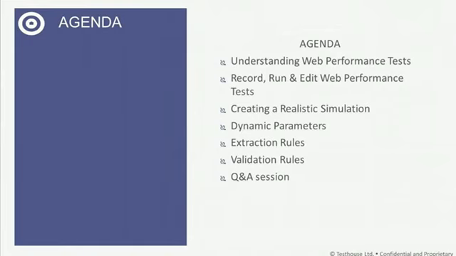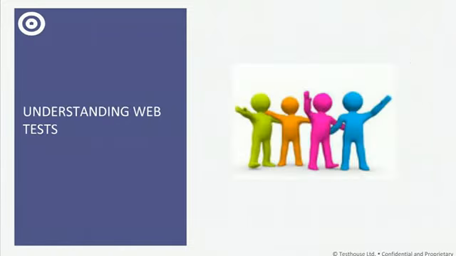How to make your simulation. The whole point of these web tests is trying to get a simulation of a user using a web interface. So if you can get a realistic simulation, then that's what you're aiming for. Talking a little bit about dynamic parameters, what they are, how to deal with them, and then some extraction and validation rules as well, to say how you can modify the test to make sure that things are working the way you expect them to. And then a Q&A session at the end.